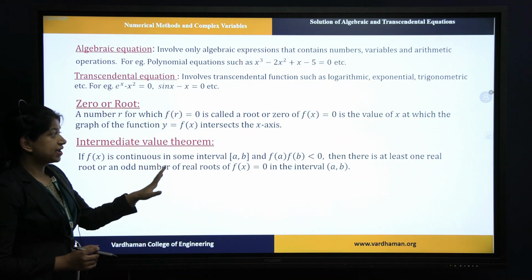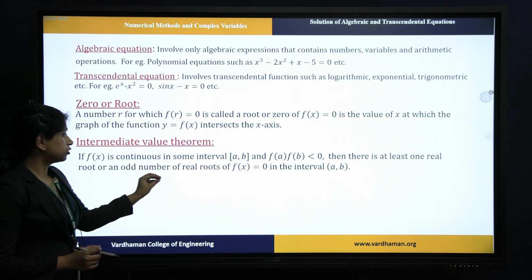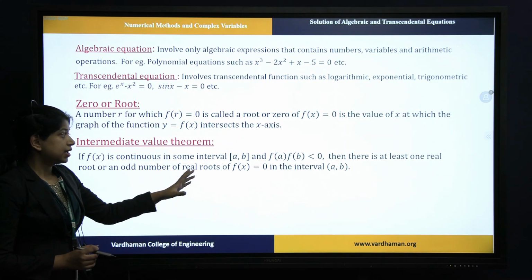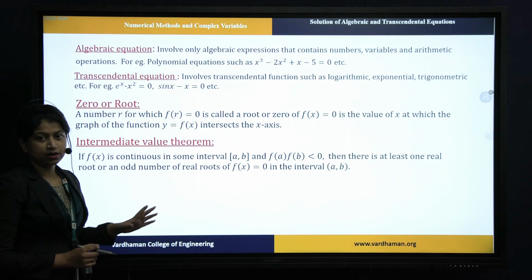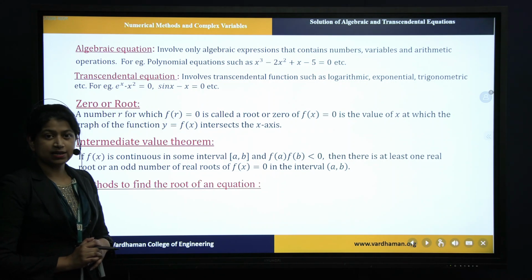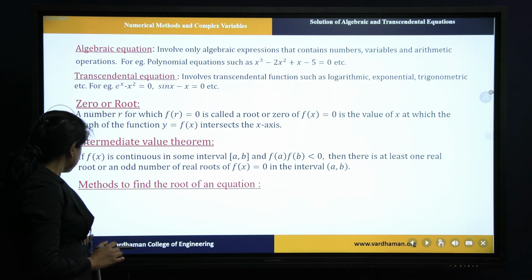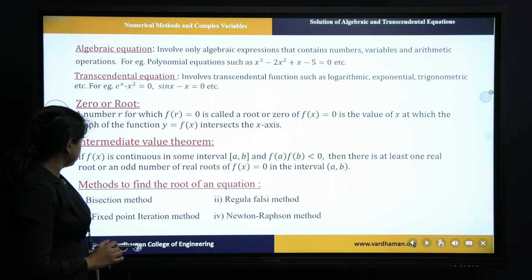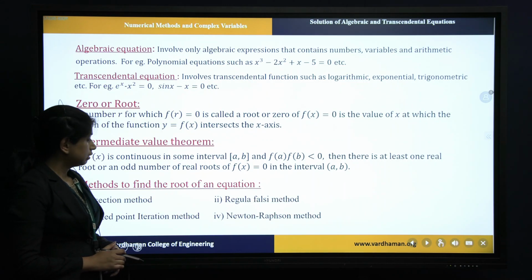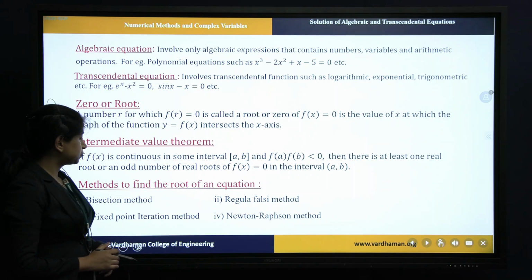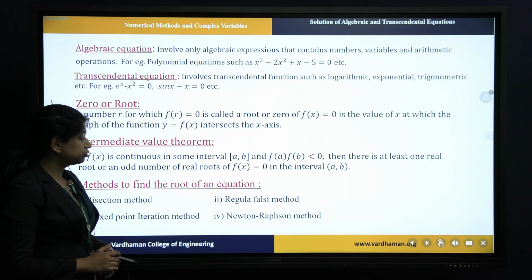Now we will discuss the methods to find the root of an equation. Here we mention four methods: the bisection method, regula falsi method, fixed point iteration method, and Newton-Raphson method.